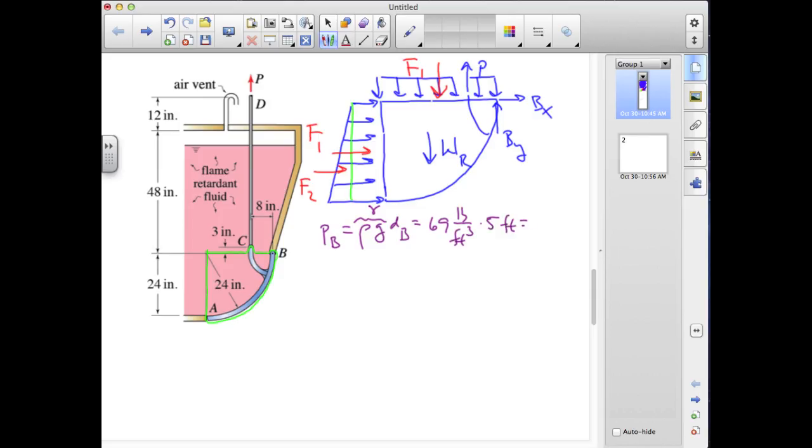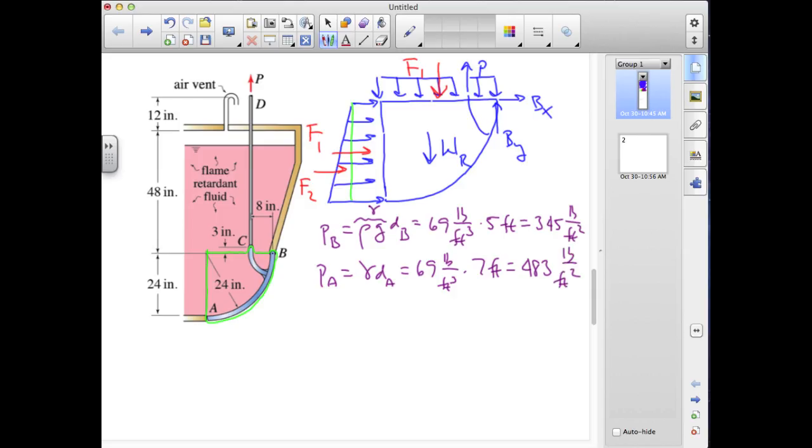And that provides a pressure at B of 345 pounds per square foot. The pressure at A is 69 pounds per cubic foot times the 2 additional feet, so it's 7 feet, and that's 483 pounds per square foot.